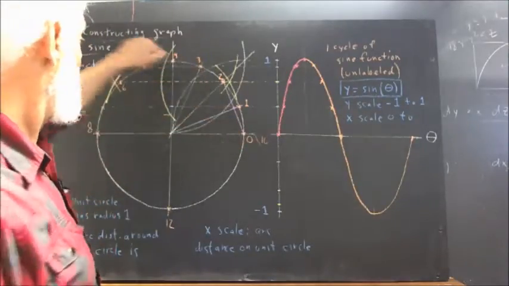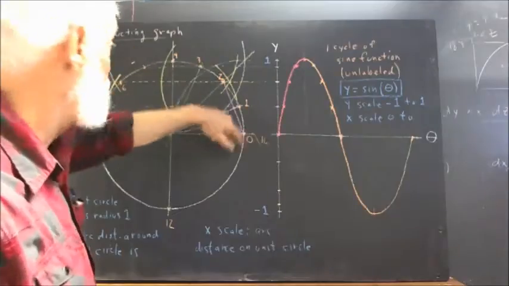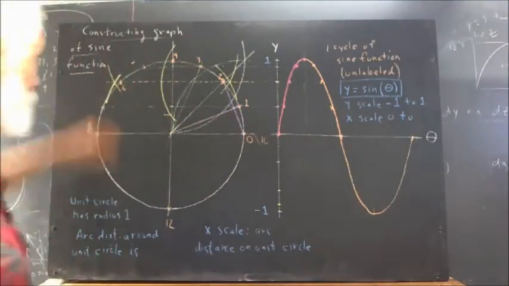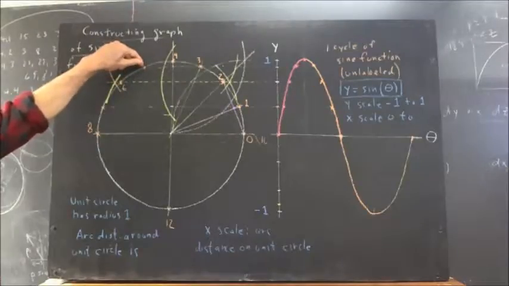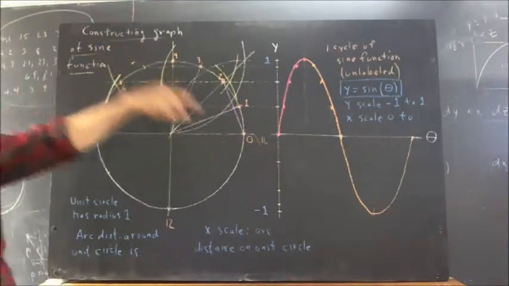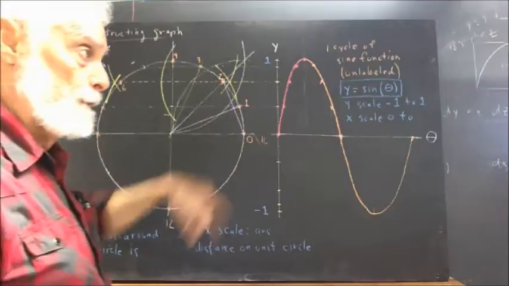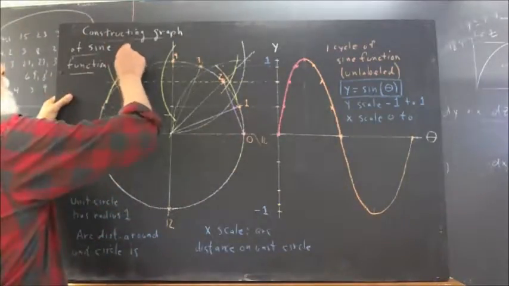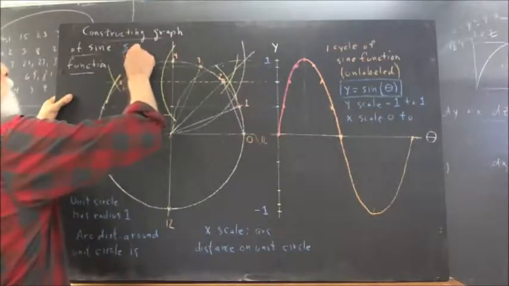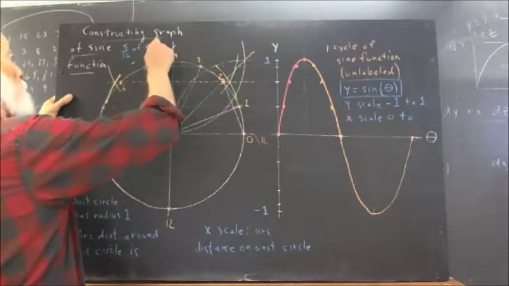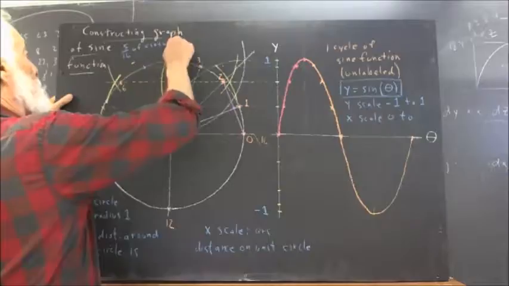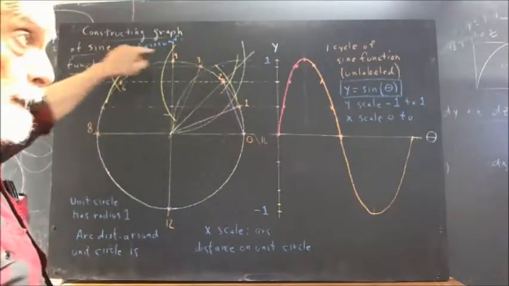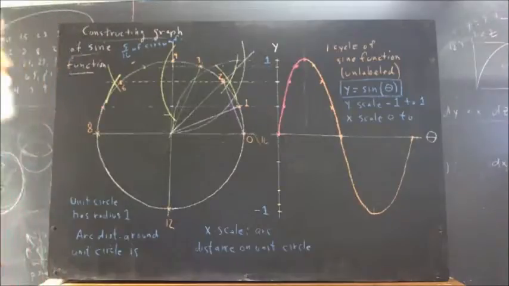So the arc here is 5/16 of the total arc around the circle, isn't it? So this angle is going to correspond to an arc of 5/16 of the total arc around the circle. So we could say this angle is 5/16 of the circumference, or at least the arc from here to here is 5/16 of the circumference.